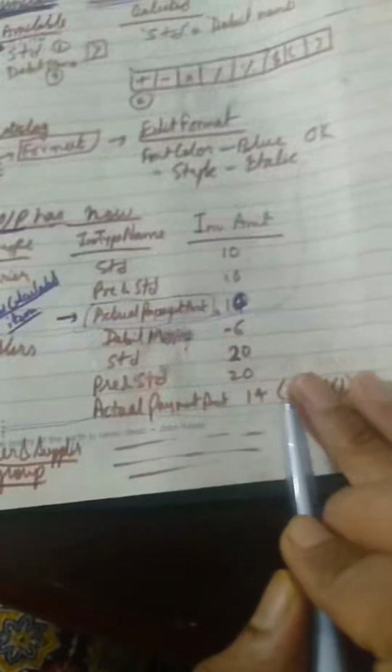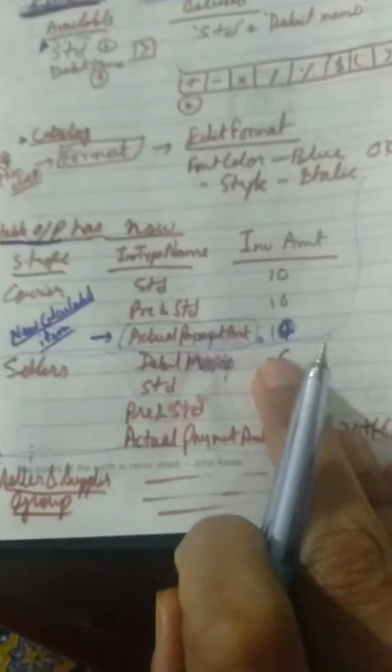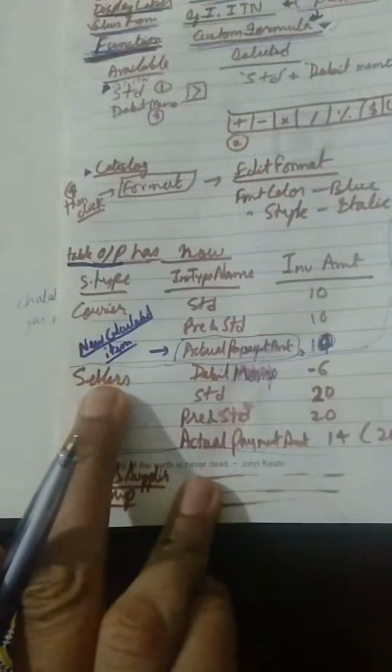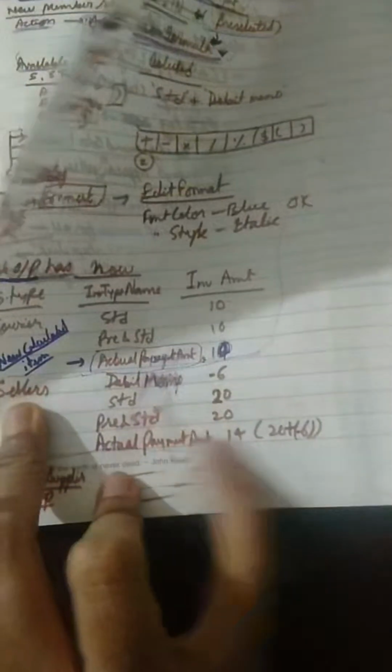Now here it is 14 because you have both standard and debit memo. 20 minus 6, 14. So the actual payment amount for supplier type courier is 10, whereas for sellers, because both are present, it is 14. That's how it comes.